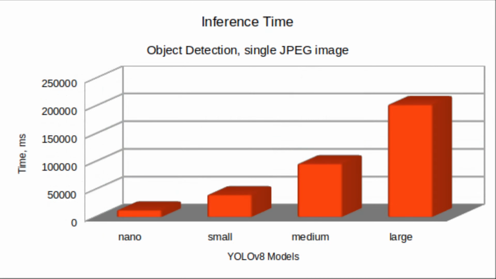However, there is no predictable trend in the pre-process phase with the chosen JPEG image input file as shown on the slide. In the inference phase, however, the trend in processing time is quite clear, with the nano requiring the least time and the large requiring the largest time.